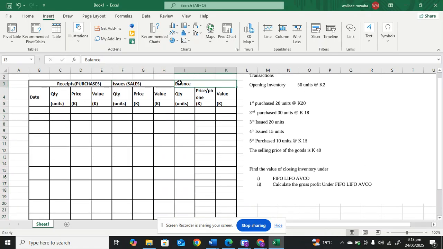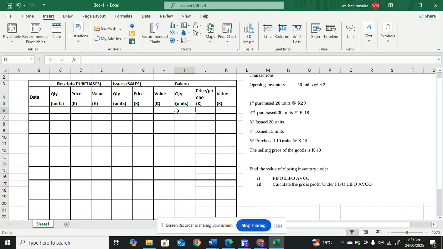These are the three main columns. And each column has quantity, price, and value. Under purchases, there's quantity, price, and value. Under issues, there's quantity, price, and value. Under the balance, also there's quantity, price, and value.